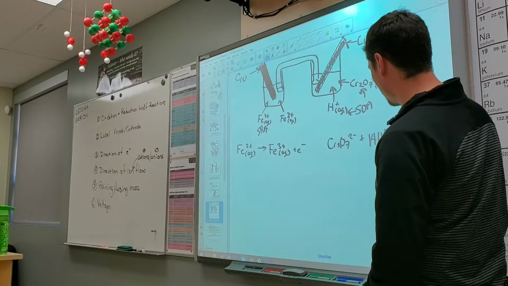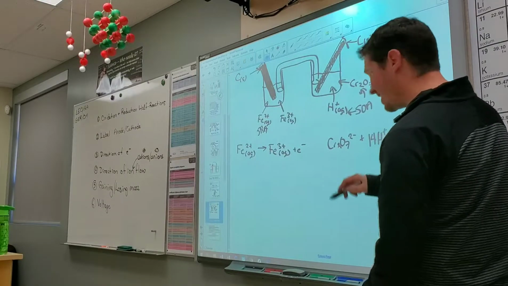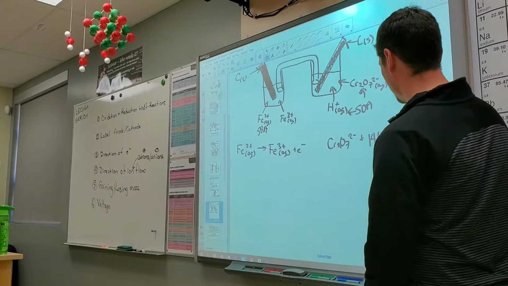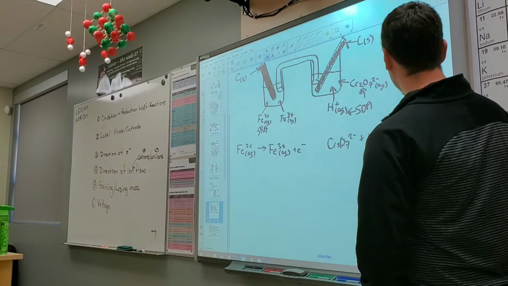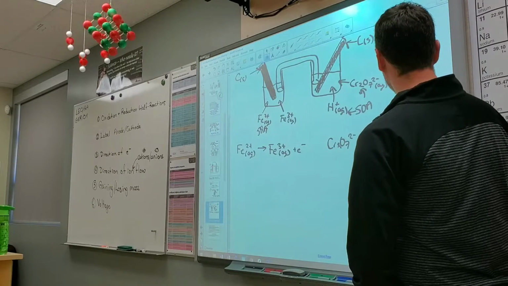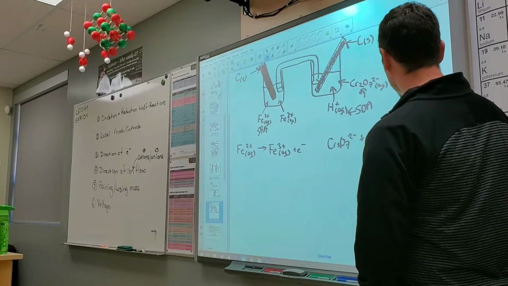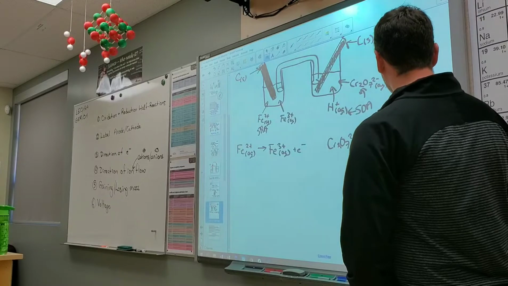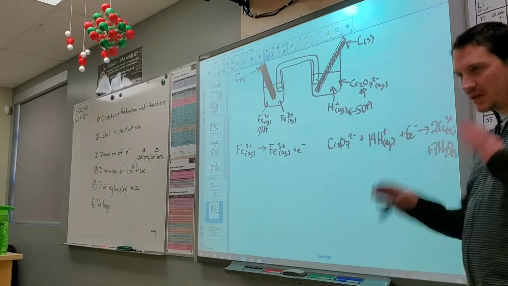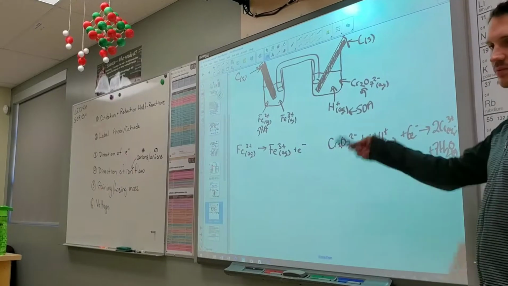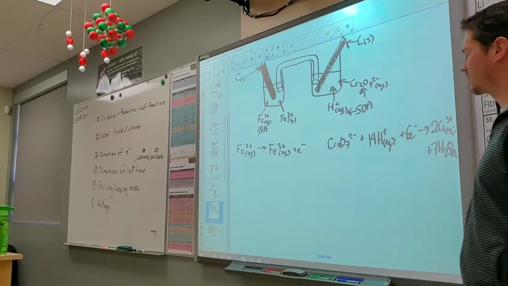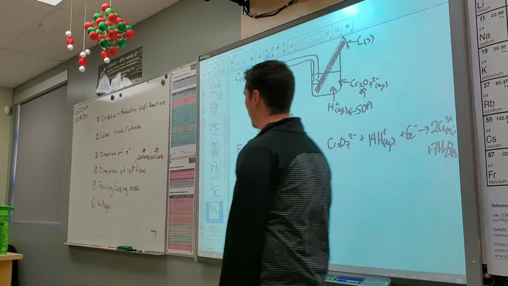Yes. And is it 8 electrons? 6. 6 electrons. And then 2 Cr3+ and 7 waters. Now, we could make the net reaction, but I'm not going to. What's the lowest common multiple between 1 and 6? 6. Good. Okay, so 6 of those plus all those.